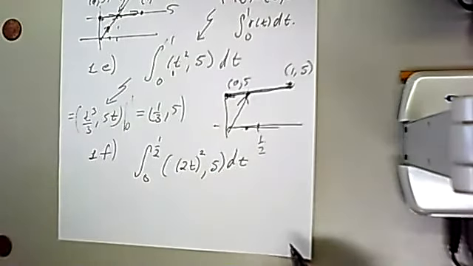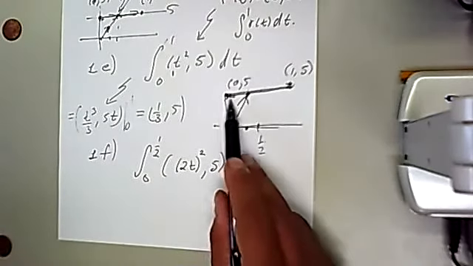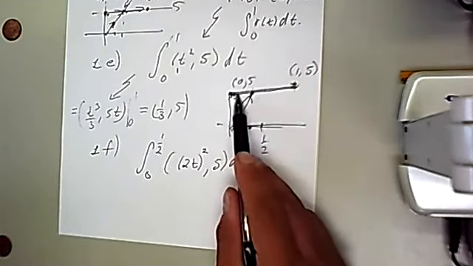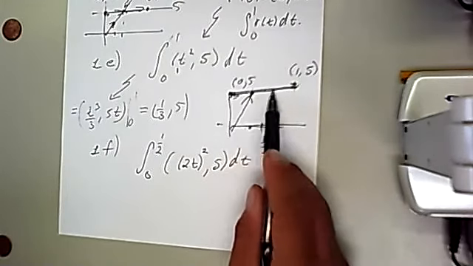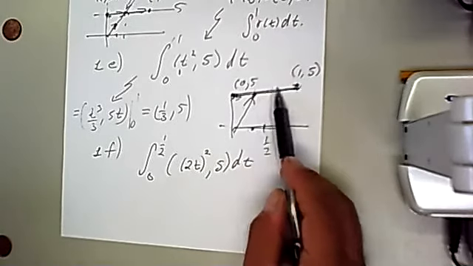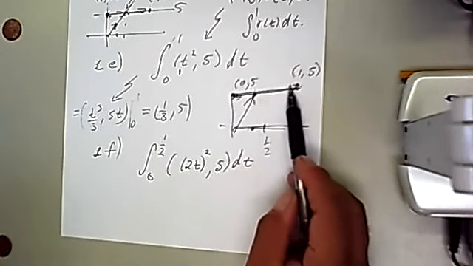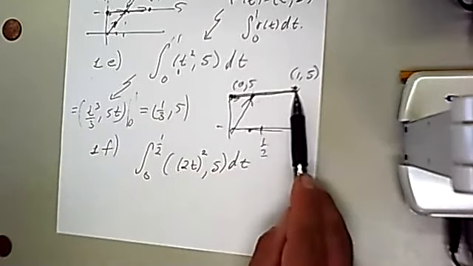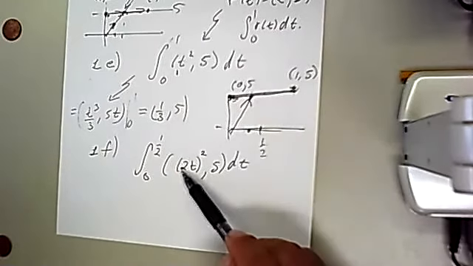And then interpret that. So this is going to go slow and fast at the end, but it is going to take half a second, assuming time is in seconds, to do this drawing, as opposed to 1e, where it takes a whole second to go there. So now we're going to go faster.